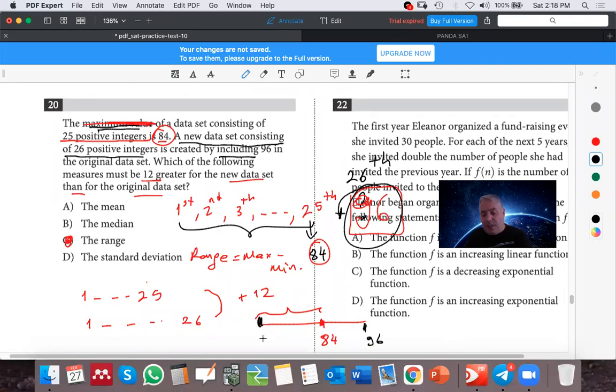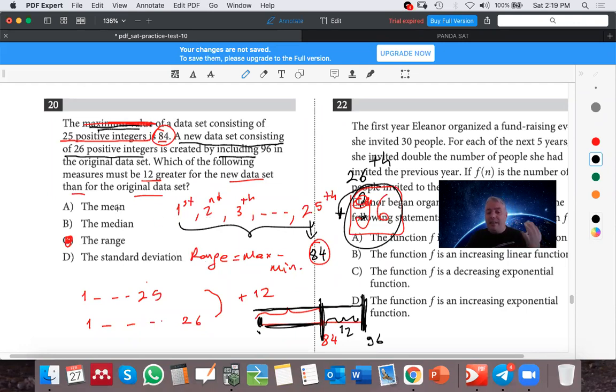If the minimum was 0 or 1 or 2, it's not important. I mean, this length was 84. Now this length is more than 84. How many units? 12 units. That's it. So the range is changing 12 units more than the previous range.